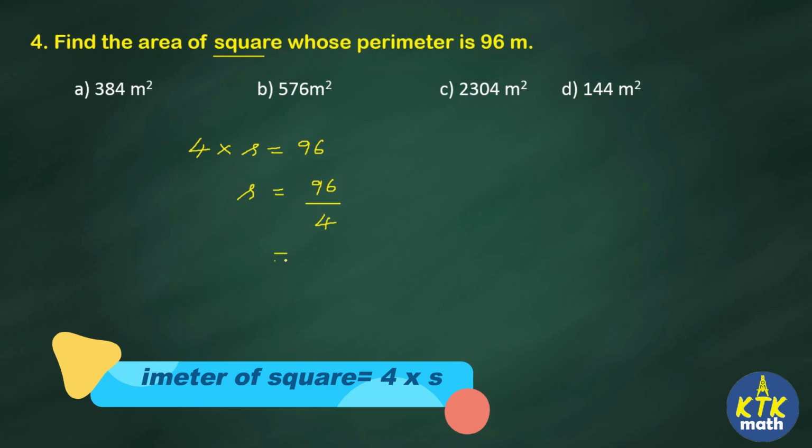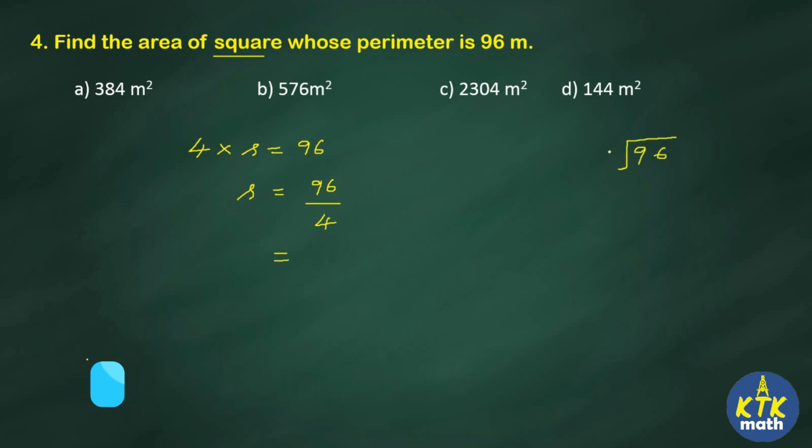You can cancel or you can multiply in the ordinary method. 2 4s are 8, remaining 1, bring down the 6, 4 4s are 16. Okay, so side is 24 meter.